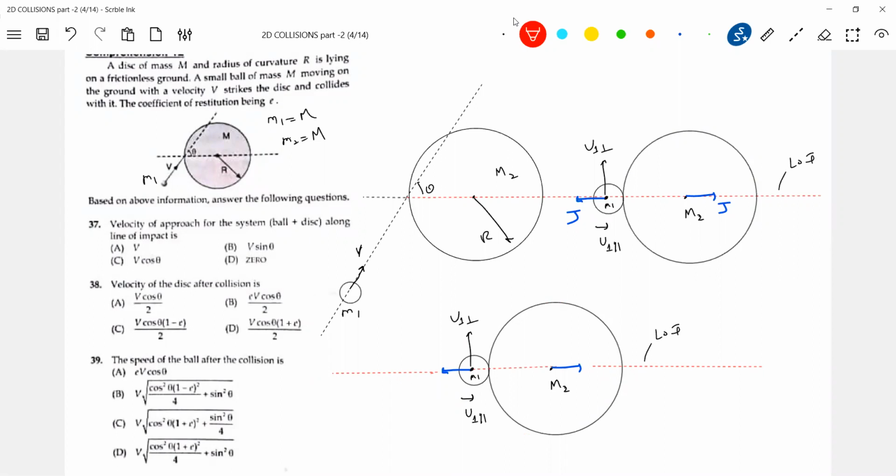After collision, what do you expect the velocities of the colliding objects to be? u1 perpendicular will remain the same.